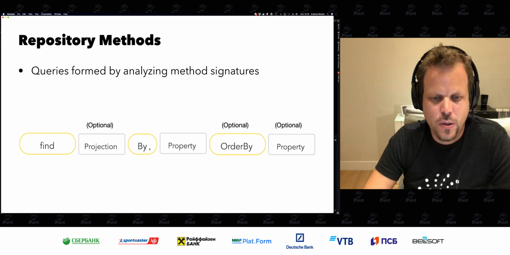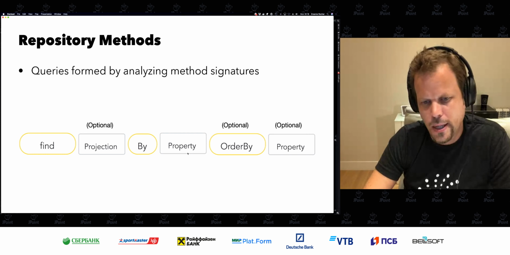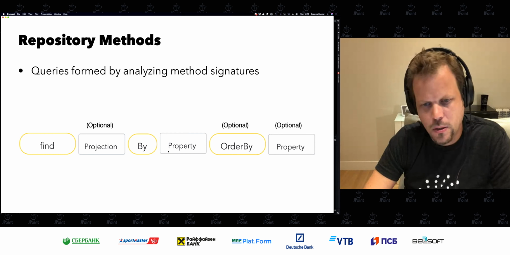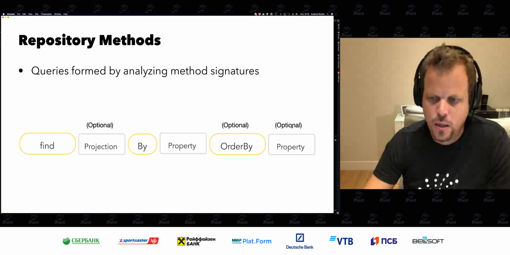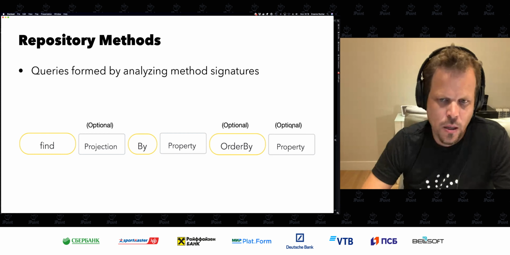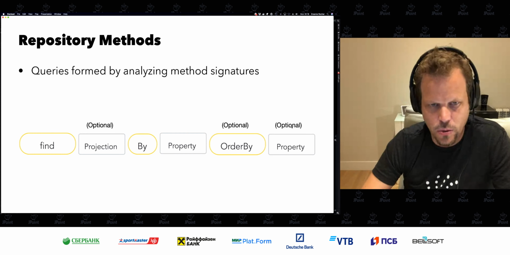And then you say By, and then the name of the property, for example, findByName. And then you can optionally end the query with an order by statement. So you can say findByNameOrderByAge, or something like that, to formulate the query. So that's how we analyze the method signatures, and we translate those into queries.